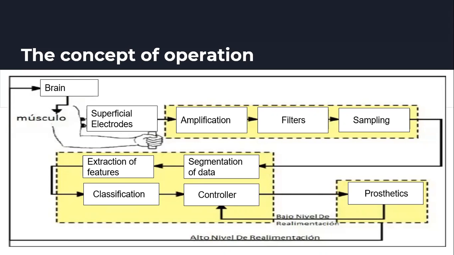Sampling. At this stage, some frequencies are emitted so that the signal is not distorted. Segmentation of data. This is composed of techniques and methods that are used to improve the condition of the data before extracting any characteristic from them. Characteristics extraction, or extraction of features.